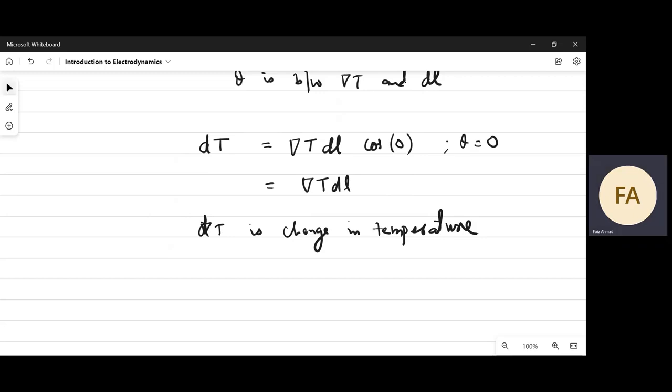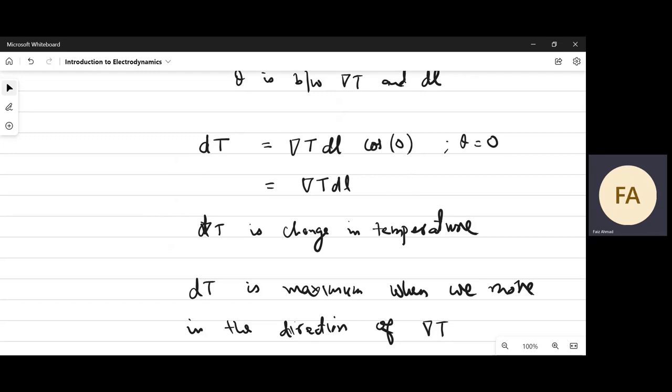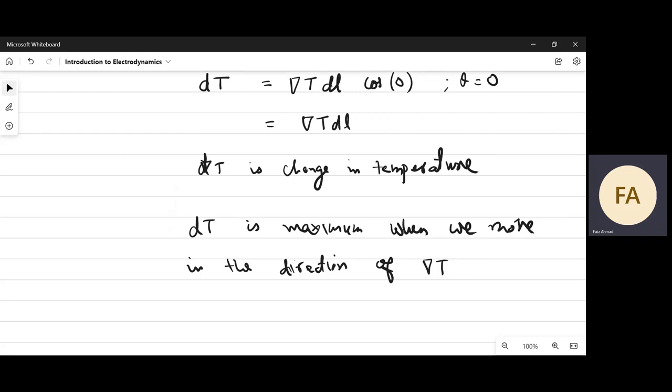And dT is maximum when we move in the direction of delta T. So when dl and delta T are in the same direction, then dT is maximum.